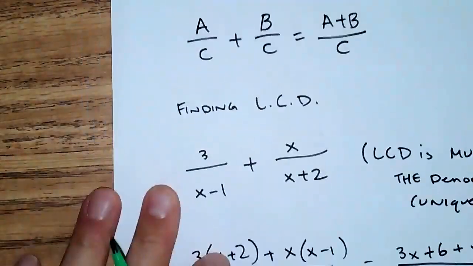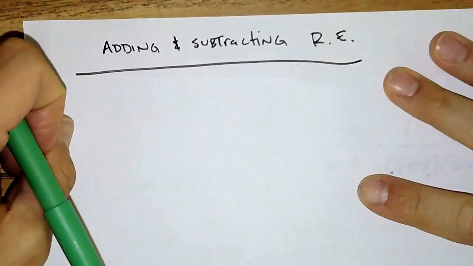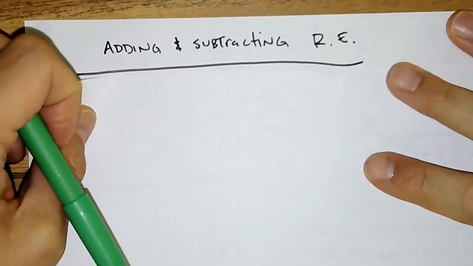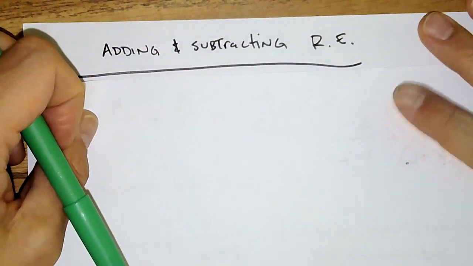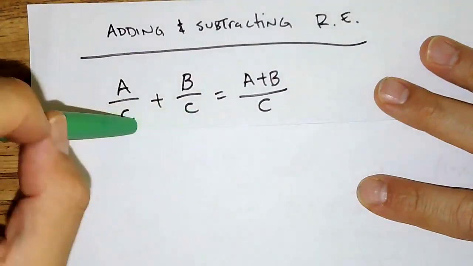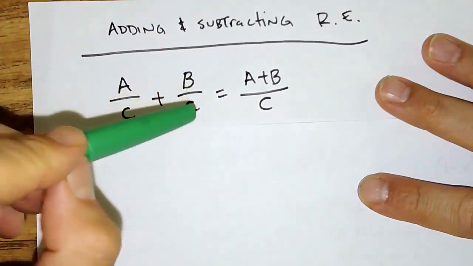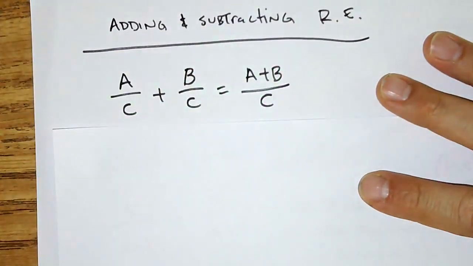Cool. Now we are going to be adding rational expressions, adding and subtracting. When we add or subtract fractions, because a rational expression is basically a fraction, we have to get the same denominator. A divided by C plus B divided by C. Since we have C, we can start adding, okay?